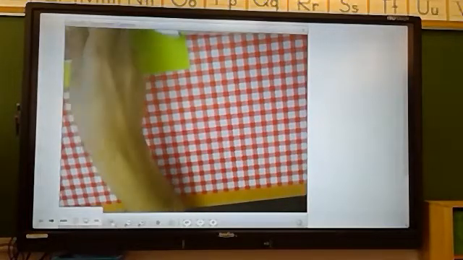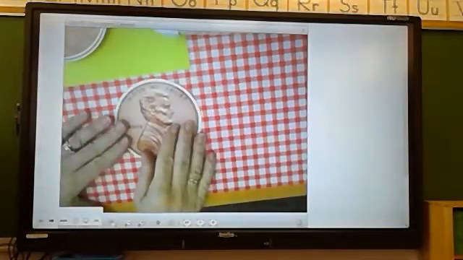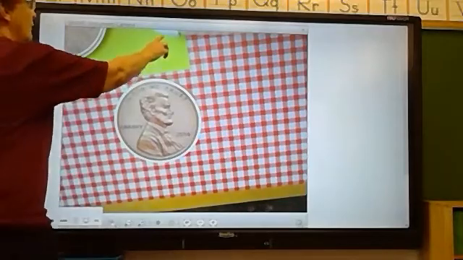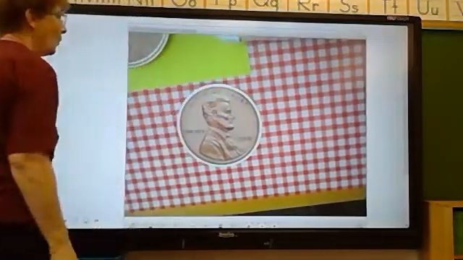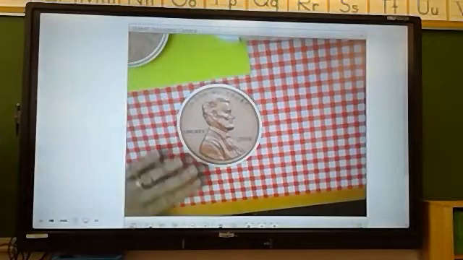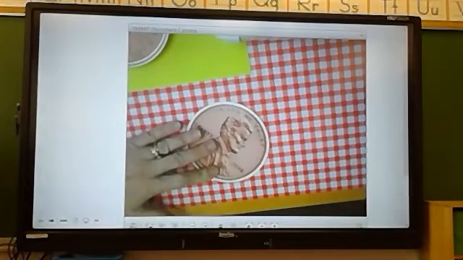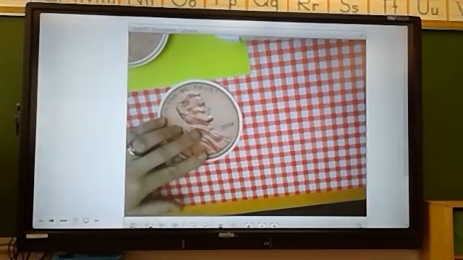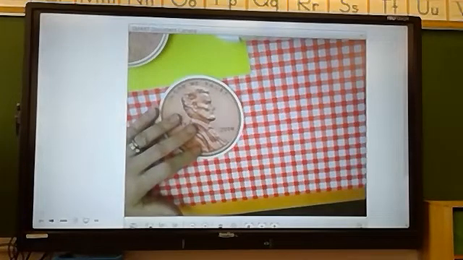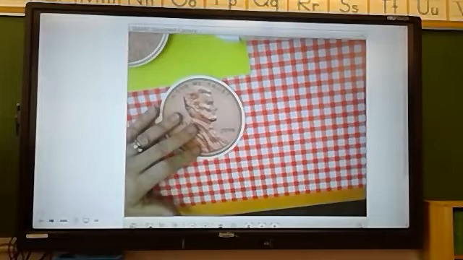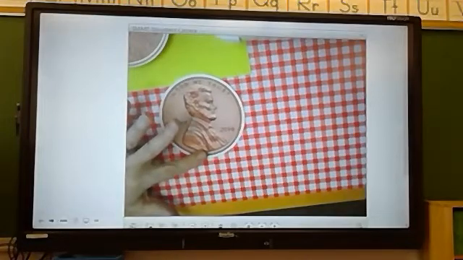On Friday, we worked with recognizing coins. Let's scoot this over just a little bit. We talked about this coin. Does anybody remember what this coin is? That's right, it's a penny, okay? Of all the coins we talked about last week, the penny is the only one that is copper in color.